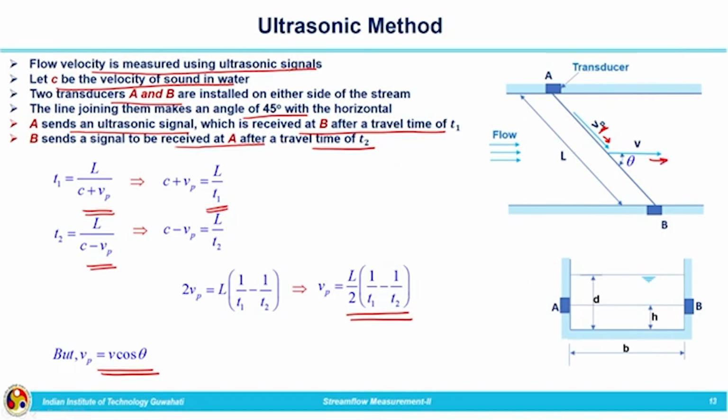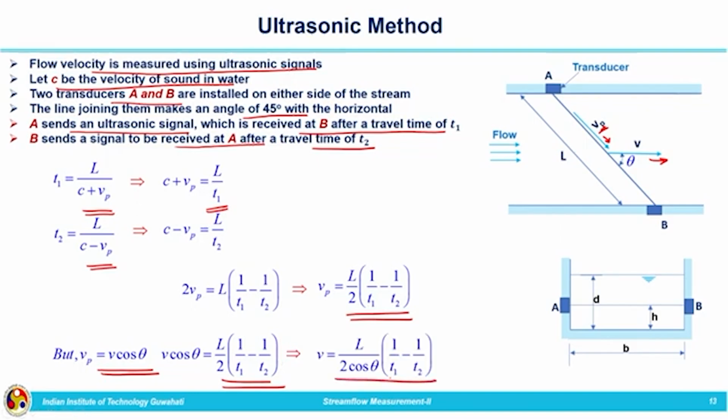What we want is the value of V, the velocity of flow. So V is Vp divided by cos theta. V cos theta is L by 2 multiplied by (1 by t1 minus 1 by t2), which gives the velocity of flow as L by 2 cos theta multiplied by (1 by t1 minus 1 by t2).